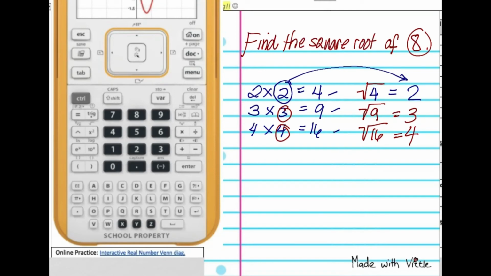Now, let's make sense out of this. We're looking for the square root of an 8. We know the square root of 4 is 2, and the square root of 9 is 3. And 8 is between 4 and 9. So you'll have an idea that the square root of an 8 will be between 2 and 3.